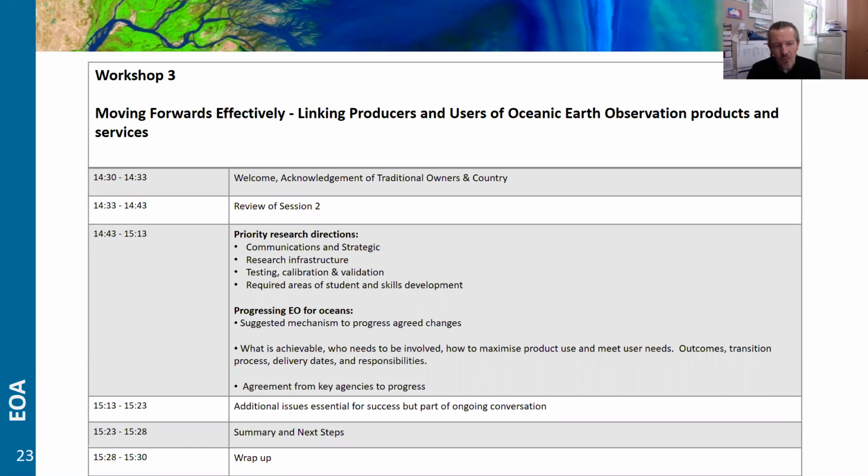Well, you mentioned IMOS and TERN, the NCRIS programs. It's true that a significant part of the production of validation data sets is done through them. But strictly speaking, they are research infrastructure. So producing CalVal data is not really their essence, I would say. That's why maybe having a specific NCRIS infrastructure for this makes sense, because producing CalVal data is not really doing any research.